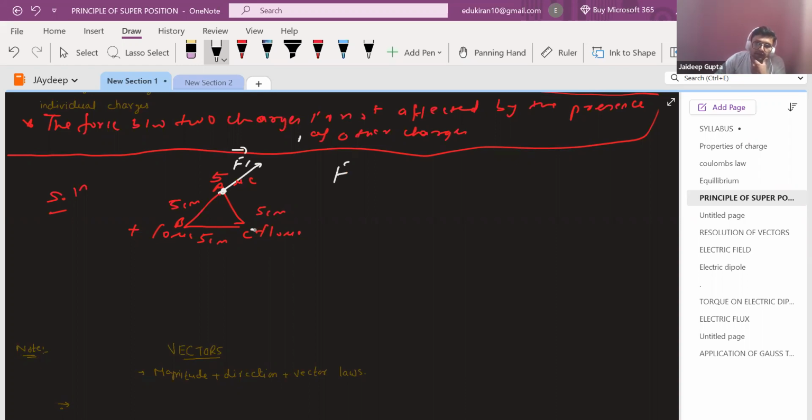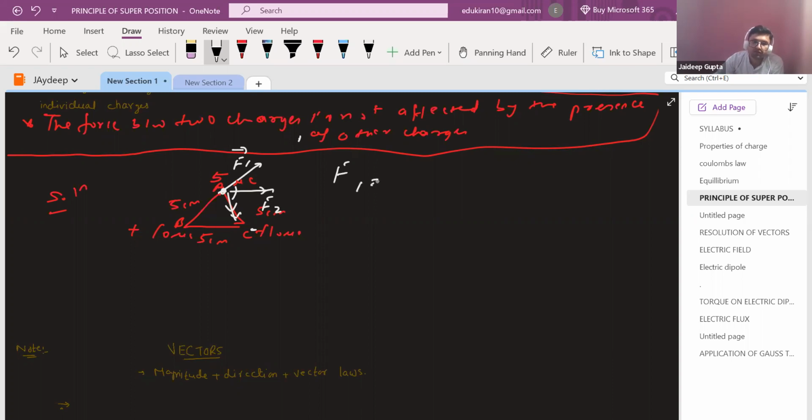And due to minus 10 microcoulomb, it is along AC, that is F2. So the resultant force will be like this. Are you familiar with the triangle law and parallelogram law of vector addition?